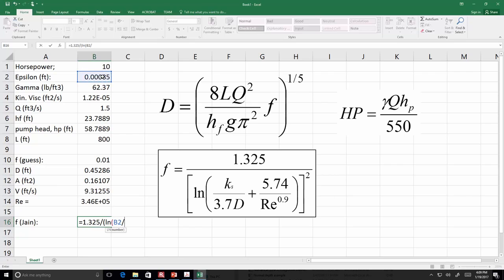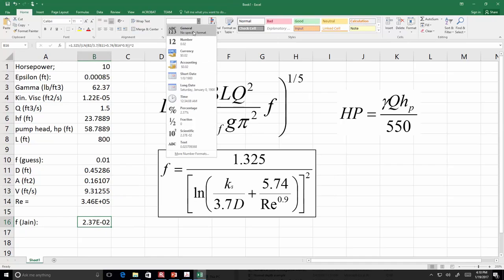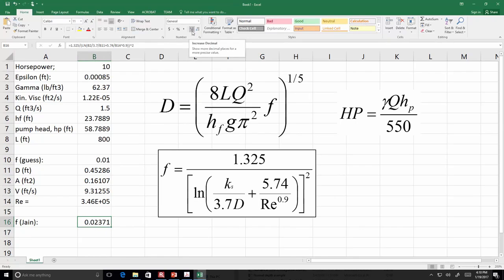K sub S divided by 3.7 divided by d plus 5.74 divided by the Reynolds number to the power of 0.9. And don't forget to square it, which is easy to forget. So this is a slightly better guess than just the out of the blue 0.01 that we started with.